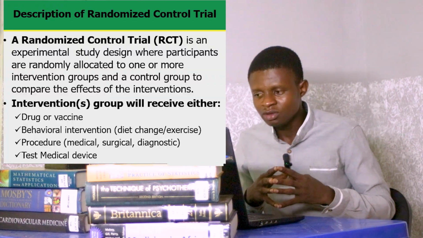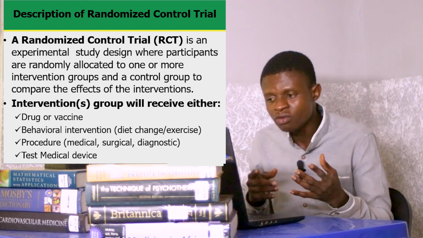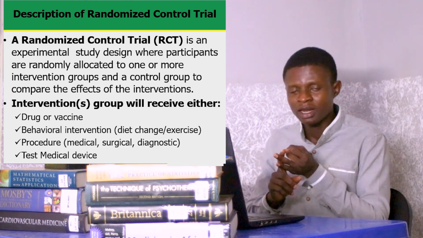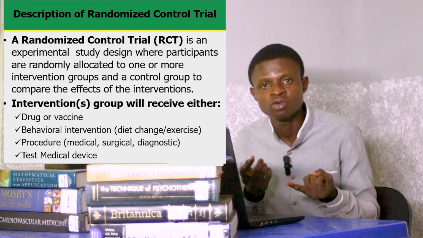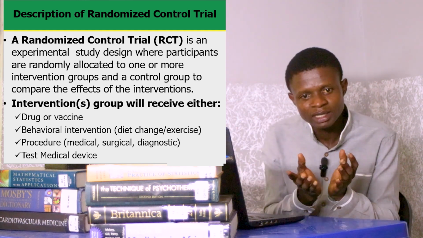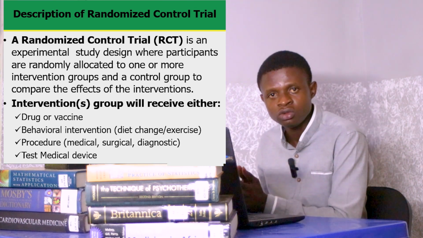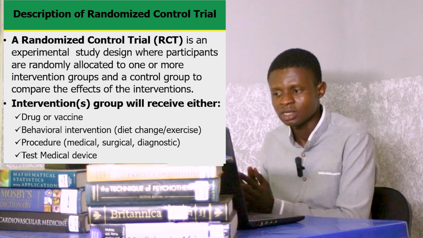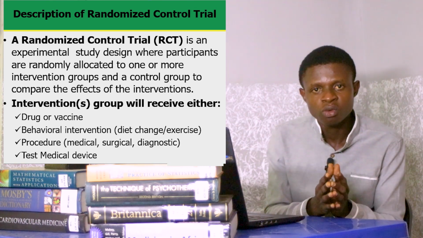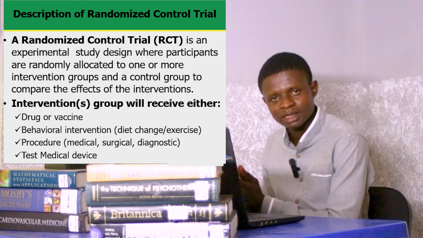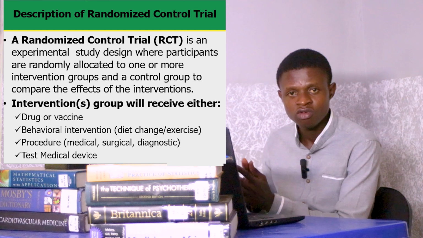So most of the time, intervention groups will receive a drug or vaccine, or a behavioral intervention. So let's say we look at people who do physical activity against people who do not do any physical activity, or you give these people a diet and the other people you do not give that diet. So that is the behavioral aspect.